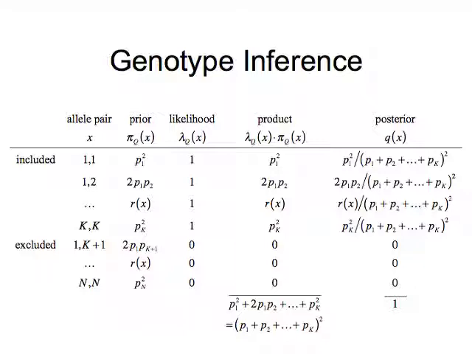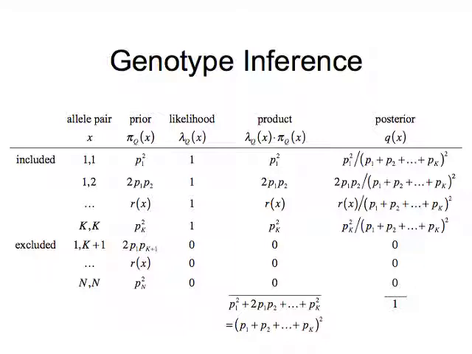Well, summing up these numbers, p1 squared plus 2 p1 p2, and so on, we see at the bottom of the product column the sum appearing, p1 squared plus 2 p1 p2 plus ... plus pk squared. Rearranging terms, we arrive at the sum p1 plus p2 plus ... plus pk, each of the allele frequencies of each of the included alleles, quantity squared.